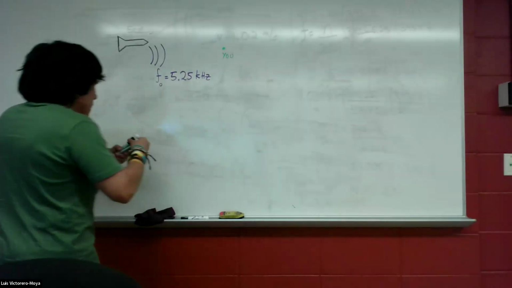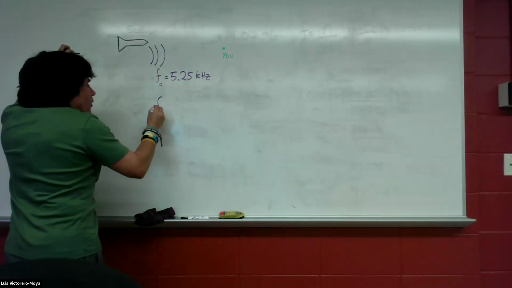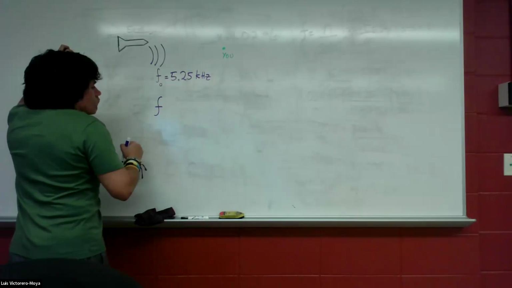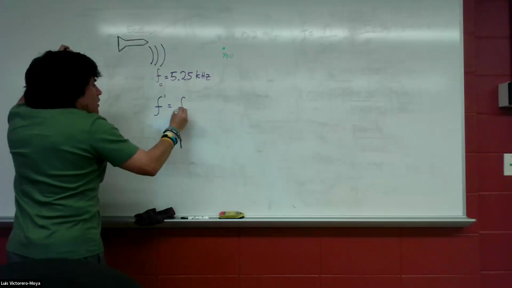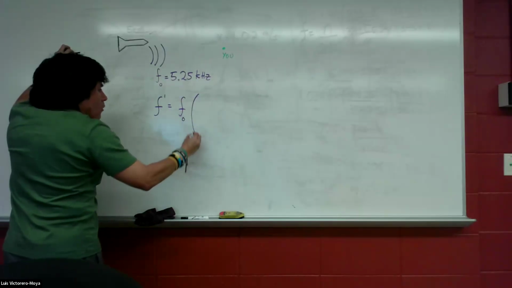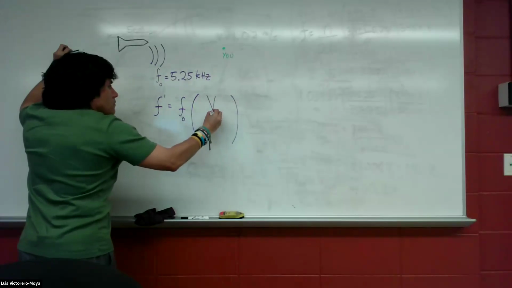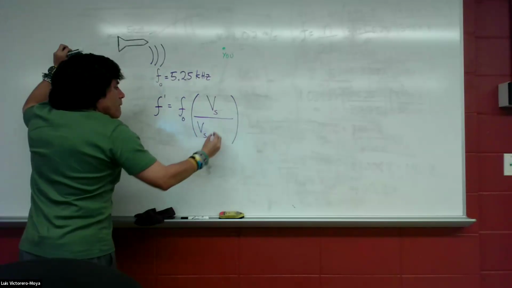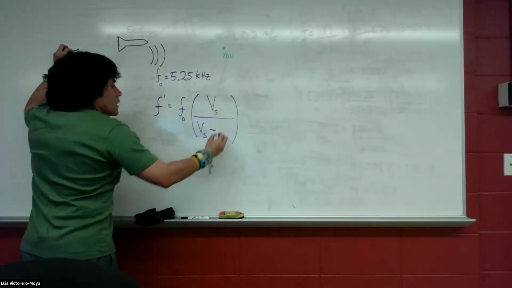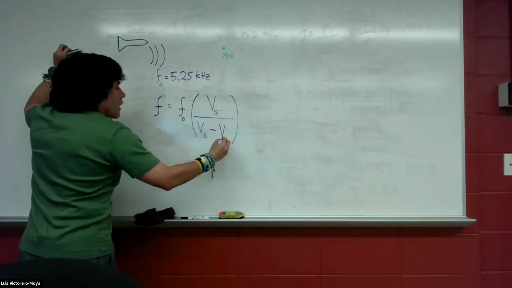If the source is moving towards you, then the frequency f prime is the original frequency times speed of sound over speed of sound minus the speed of the airplane.